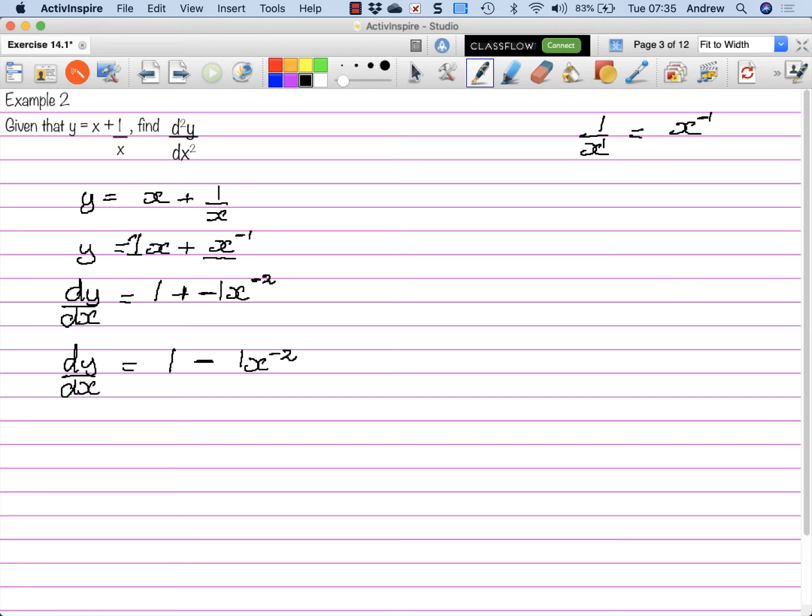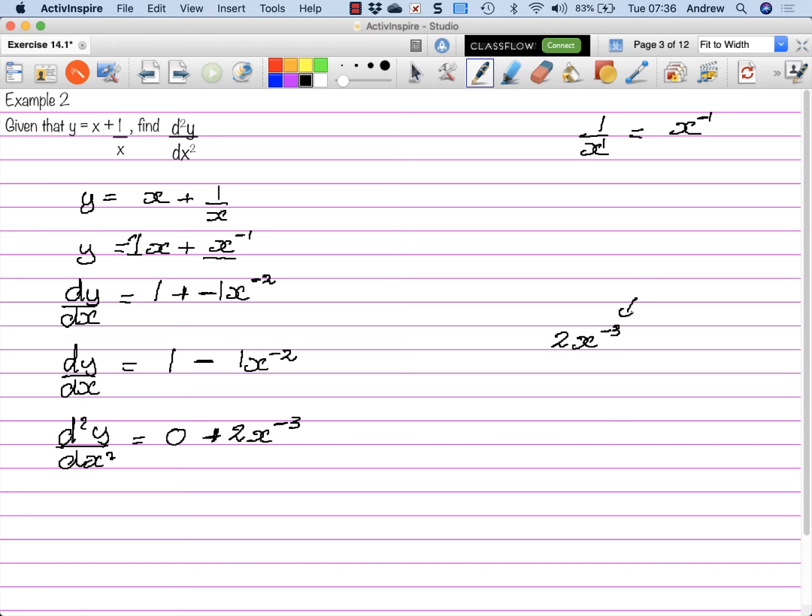Okay, and differentiating a second time, that becomes d2y by dx squared. Differentiating a 1 becomes 0. Multiplying by the power, minus 2 on minus 1 is going to be plus 2. And then putting the power down 1, it goes down to minus 3. We'll do a rewrite now. We've got 2x to the minus 3.